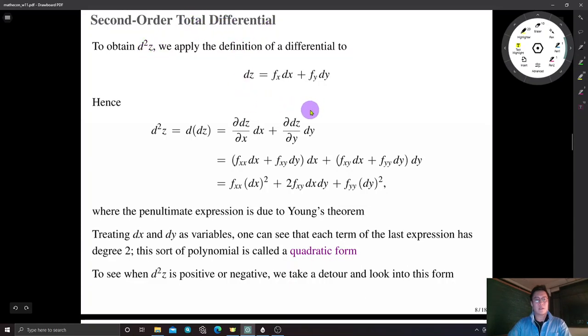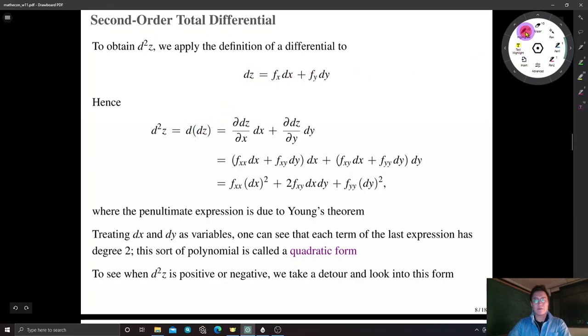For this purpose, we apply the definition of differential to dz. So d squared z is a differential of dz.